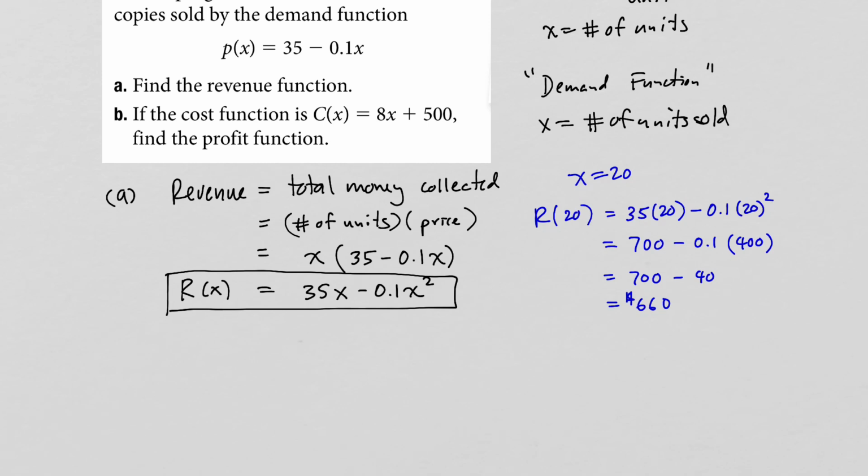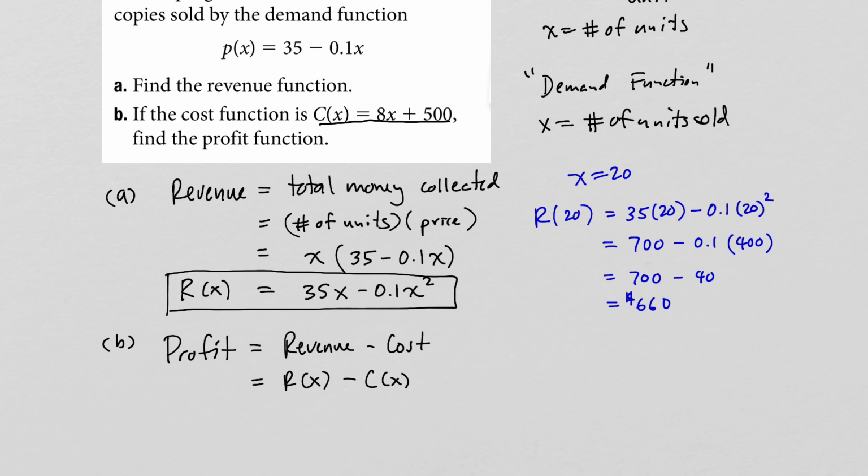Now for the second part, part B, it says, if the cost function is 8x plus 500, find the profit function. Okay, the profit is the money that you make, right? It's the total money after you pay your costs. So profit is revenue minus cost. So it is simply R of x minus C of x.